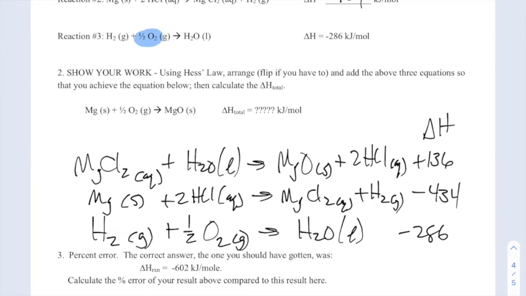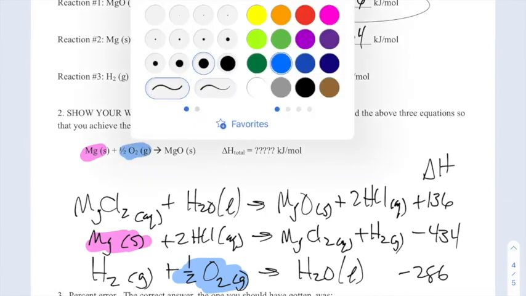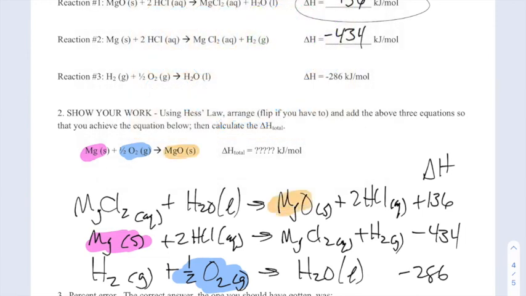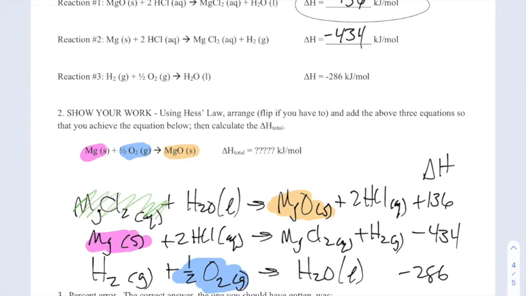So let's double check that everything is going to cancel out and give us what we want. First of all, I've got my half of an oxygen here. I have my magnesium here. Here's my half of an oxygen that's there. And I need my magnesium oxide. So here's my magnesium oxide, and I have it there. So I have everything I need, which means everything else should cancel out if I have done it properly. I have an MgCl2 on the left, and an MgCl2 on the right.